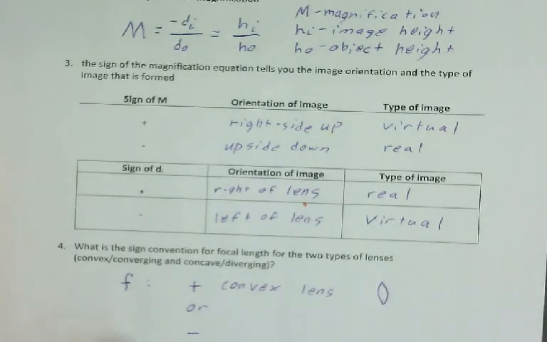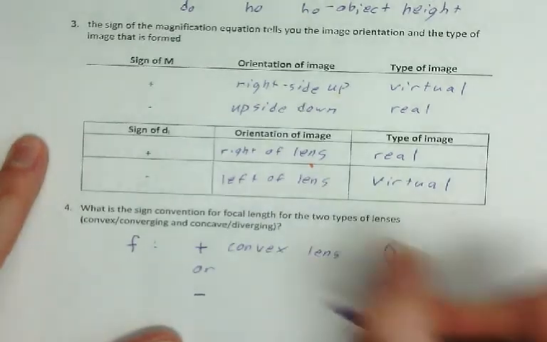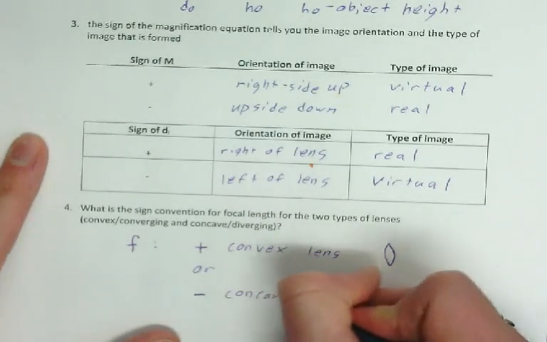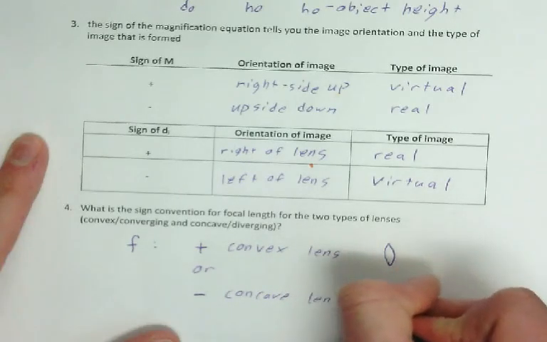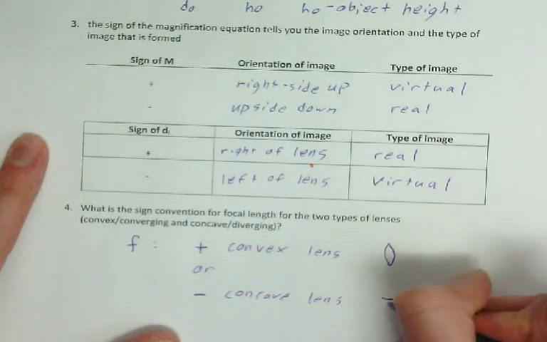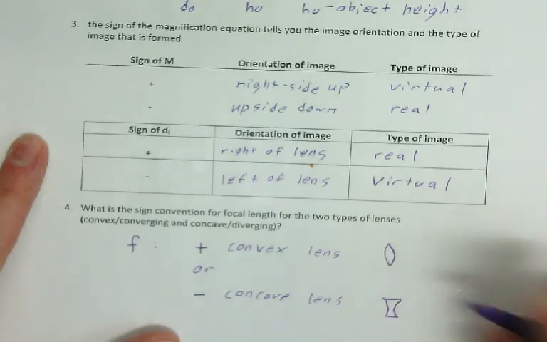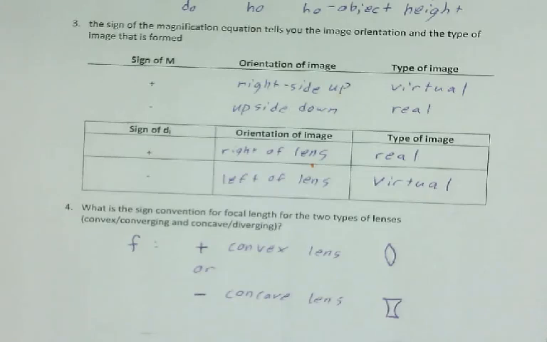So it's positive for those type of lenses. It's negative for concave lenses, and that's the one that looks like this. Okay?